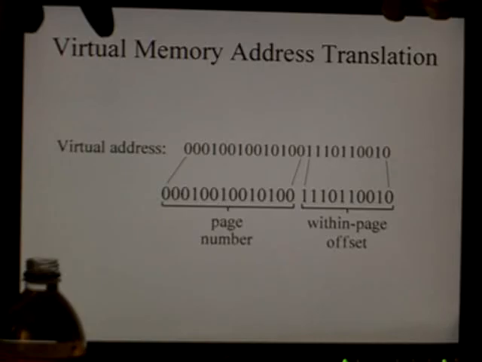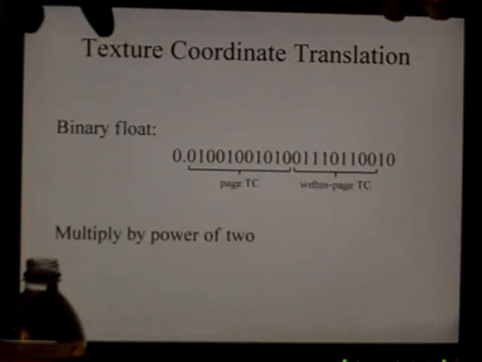So it uses this bit extraction process where it can just look at the virtual address bitwise and pull out the top bits, and the top bits become the page number, and the bottom bits become the offset within that page. So that's what it does mathematically. It does these bit operations.